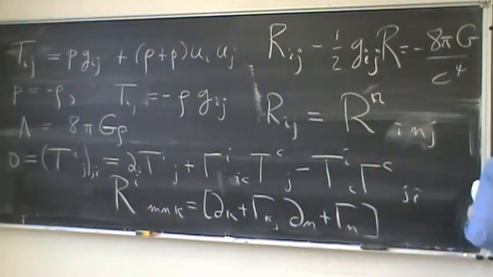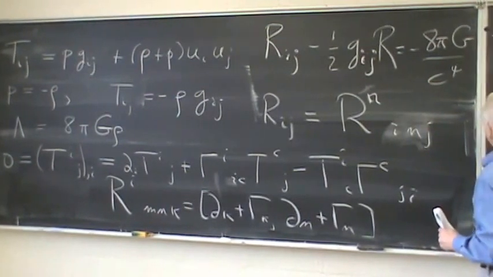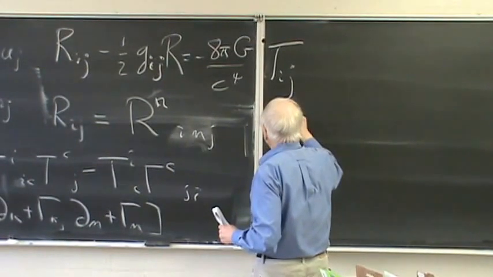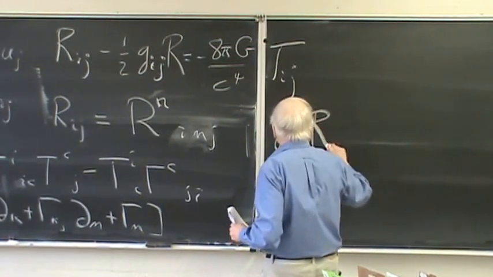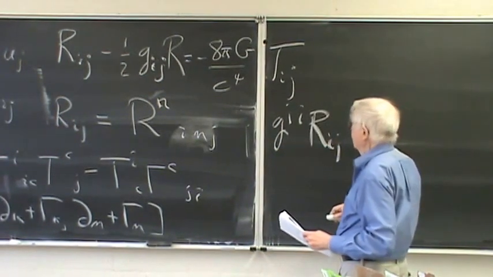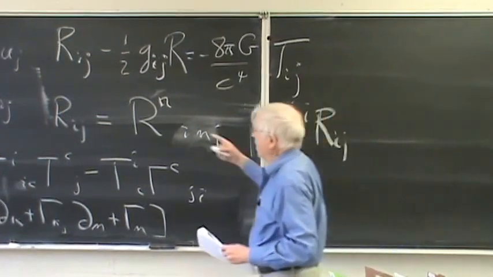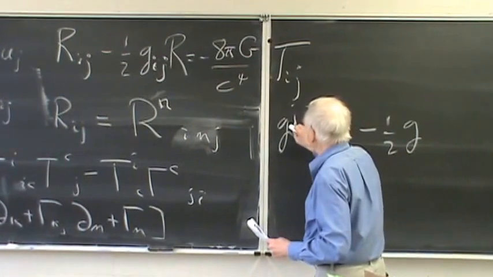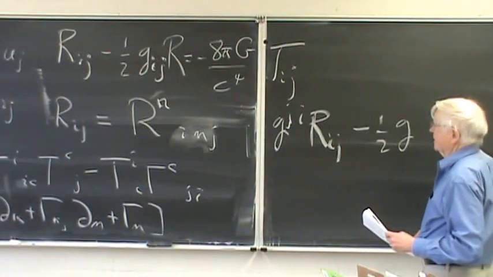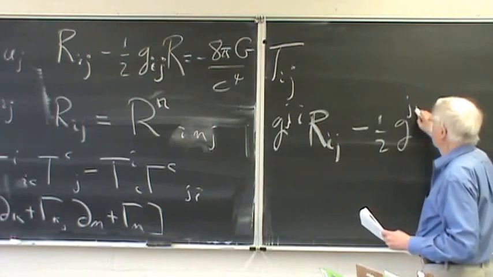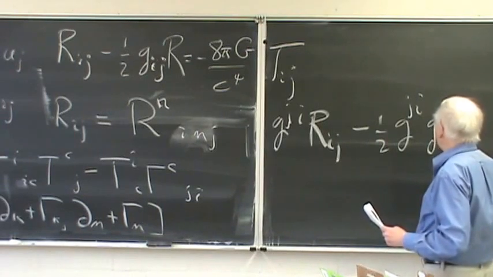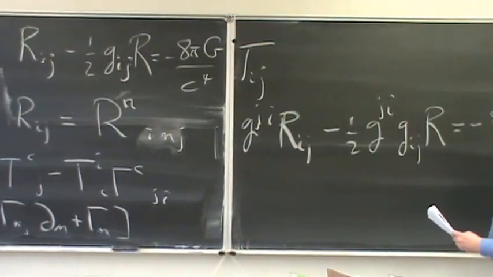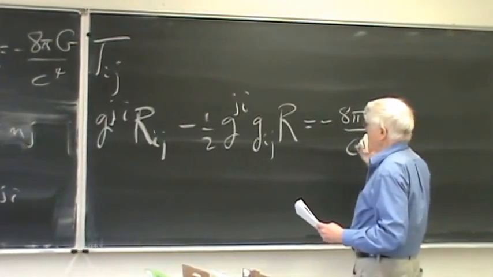And in fact, we could take the trace of this equation, in other words, we would do G^ji, for example, Rij, and this would give us an R in the front there, and then we have minus a half G^ji Gij, and this would then be a sum of delta^j_j, which is just 4, and that's R equals minus 8 pi G over c to the 4th.